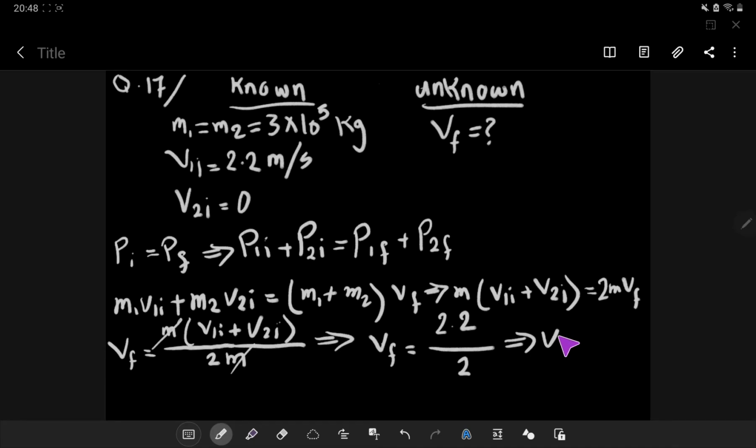So the final result, v final, equals 1.1 meters per second. And this is the final result for the final velocity of the cars. This is question number 17.